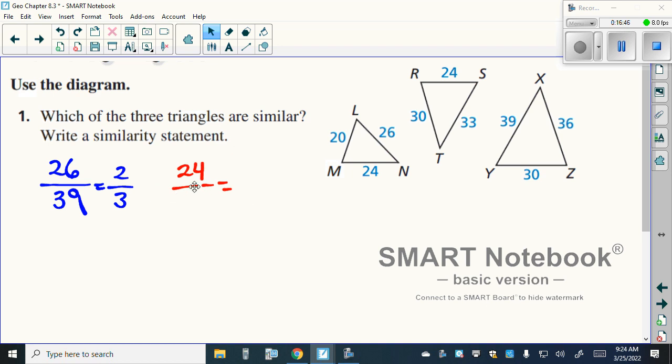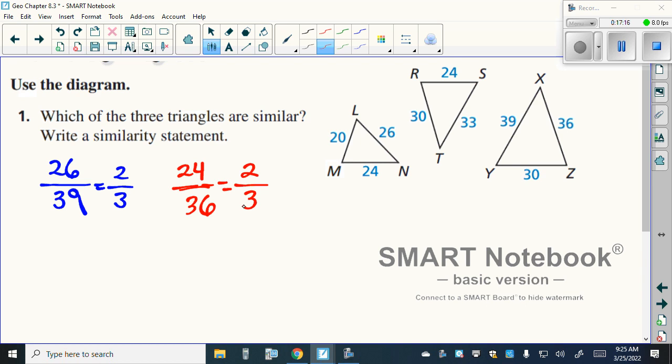Because 24 is the middle side, yes? What's the middle side for XYZ? Not 30. This will change it because the common factor between both of these here is 12. 3.